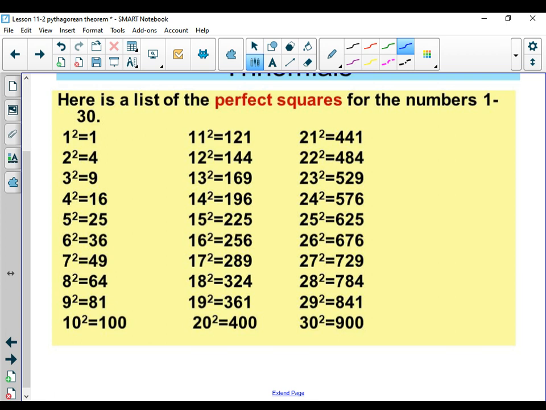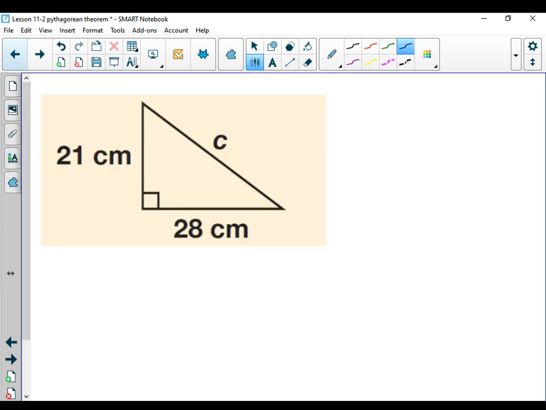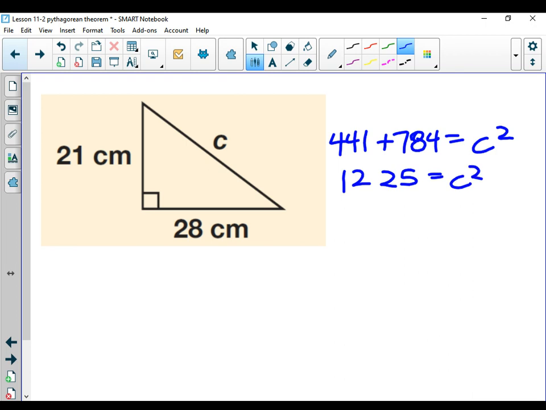Bottom left box, right? 1,225. Does anybody happen to know it? It's a perfect square.